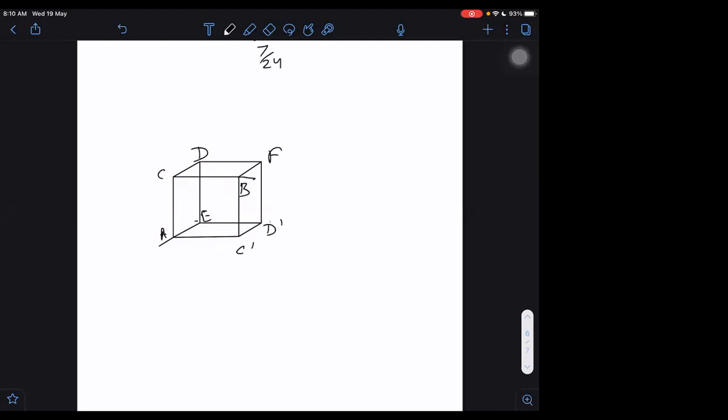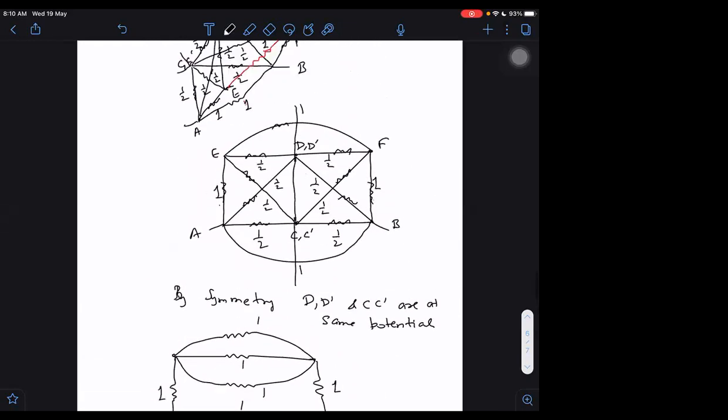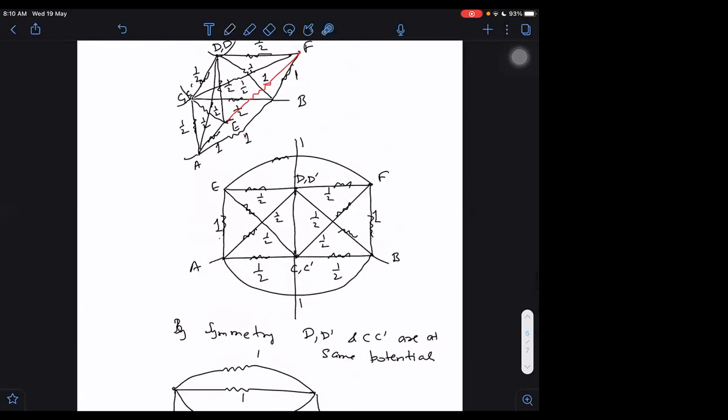Now, in between all resistances are 1 by 2 each. If I open it up, we are going in the same way again. If I open it up, then we will be getting, where are the diagonal ones? These are the diagonal ones, right? So the diagonal ones we will get as 1 by 4. So all diagonal ones we will be getting as 1 by 4 here.